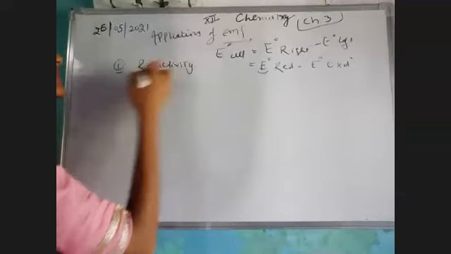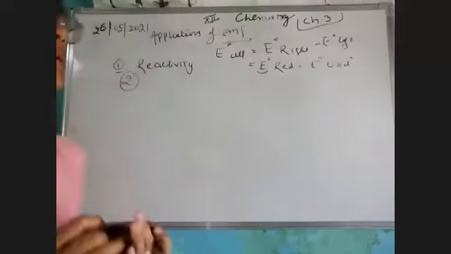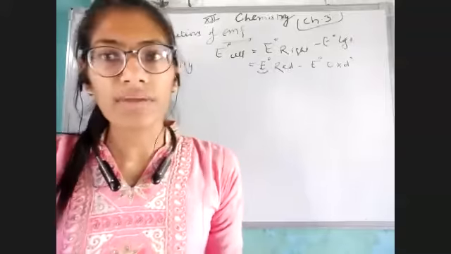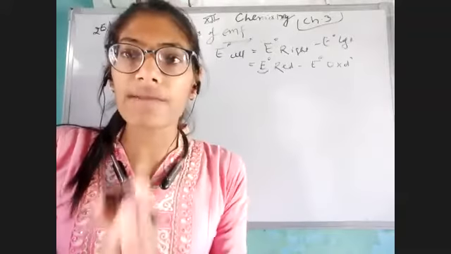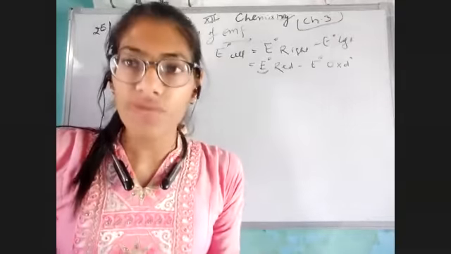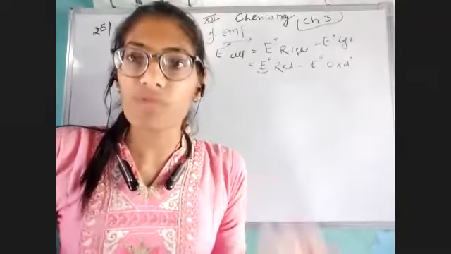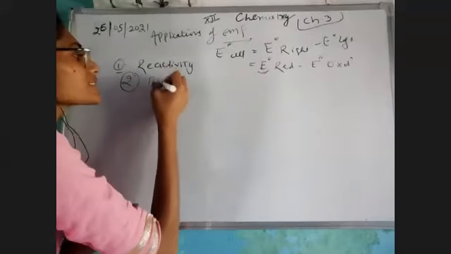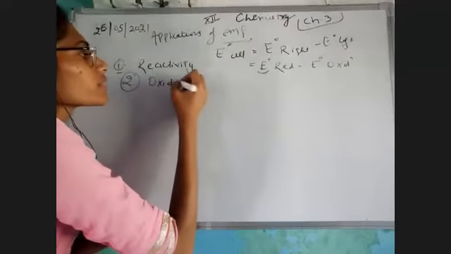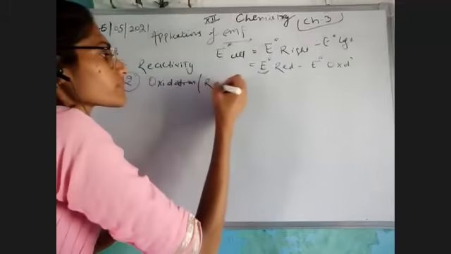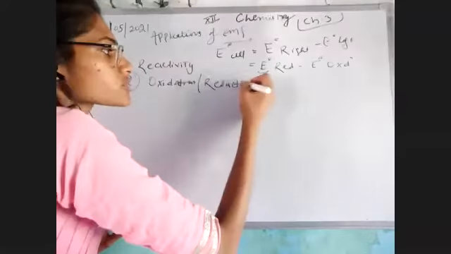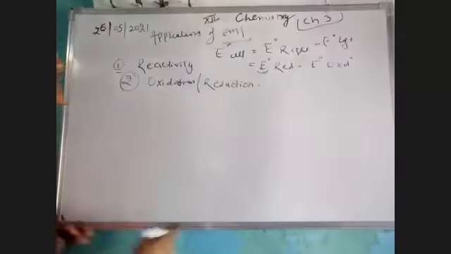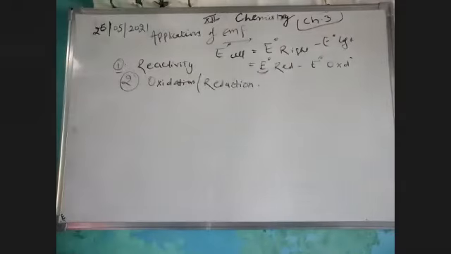Second, since electrochemistry is totally dependent upon the redox reaction, we have also understood how to check the oxidation or reduction comparison. That means which is more reductive, which is a strong reducing agent, which is a weak oxidizing agent. These all topics we have done.